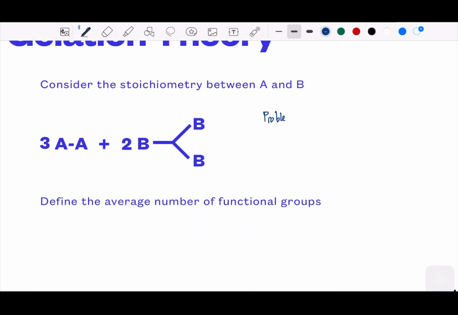The problem is the N_A and N_B is not equal to the initial molecules because f is greater than 2. Now we need to define the average number. To make up the functional group that is 2 in the Carothers theory, we need to define the average number. If we change the number, we would also change all the calculation, right? So the first thing is we need to define the average number.